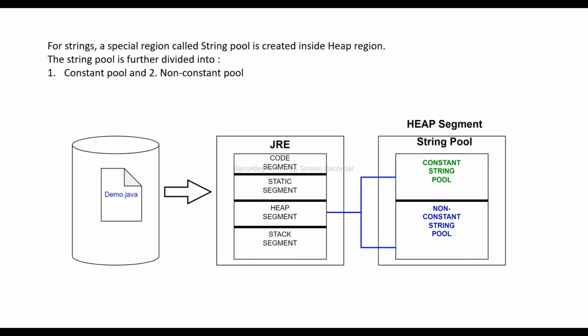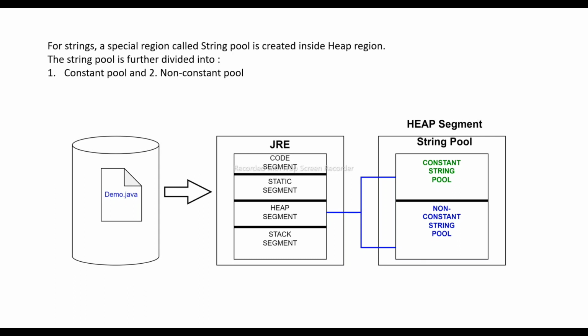These are the things that we have to see here. These are of utmost importance, and if you understand this concept, you can easily crack any guess-the-output coding questions that are based on strings.